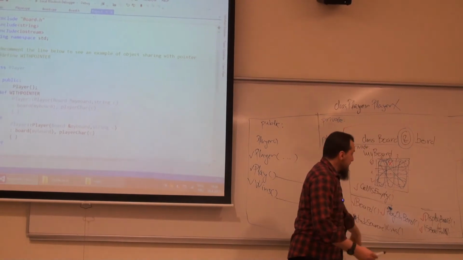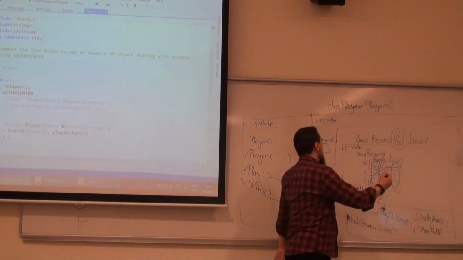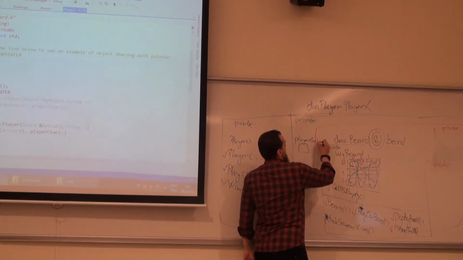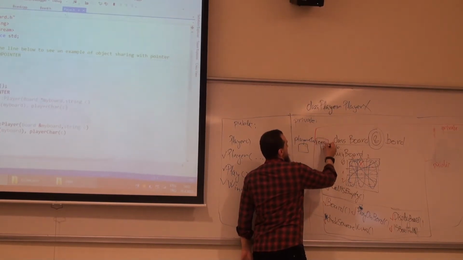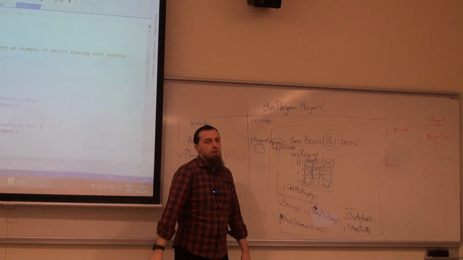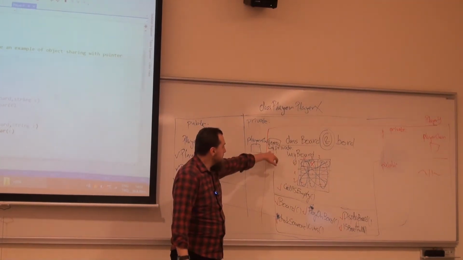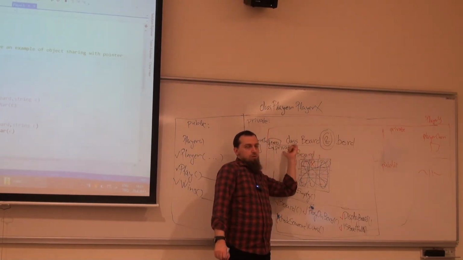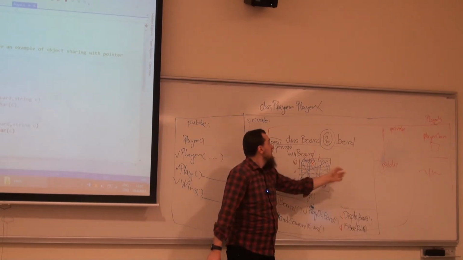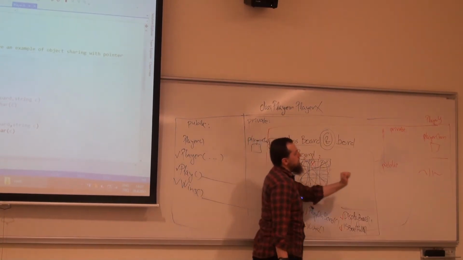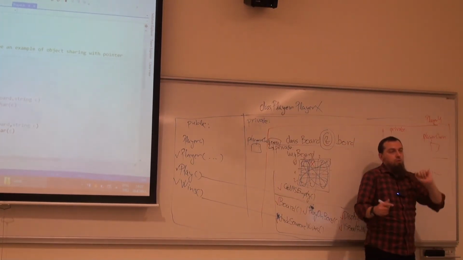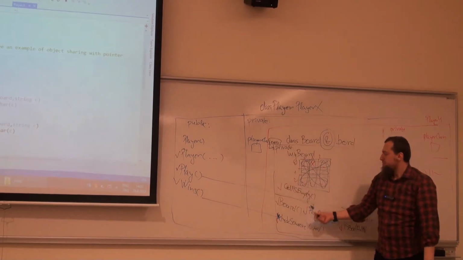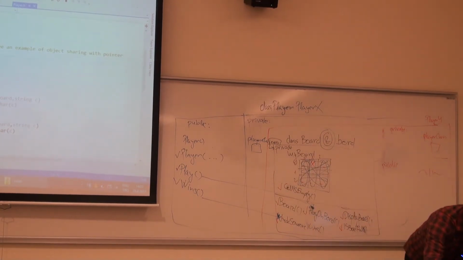This board here has its address. Let's say the address is 1000. I'm making up the number. Okay? So as a parameter, I can give the address of this board, this pointer, to both player X and player Y. But when they access member functions here, they do it in this manner.